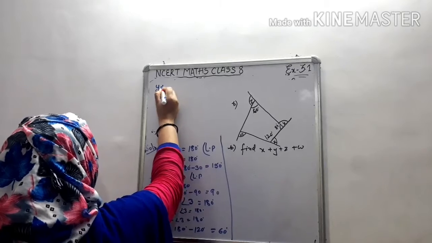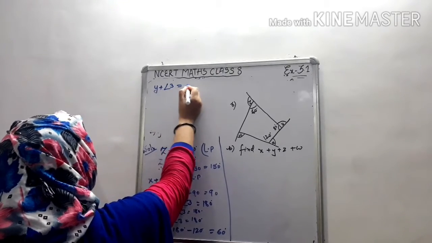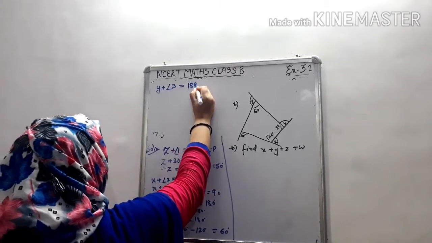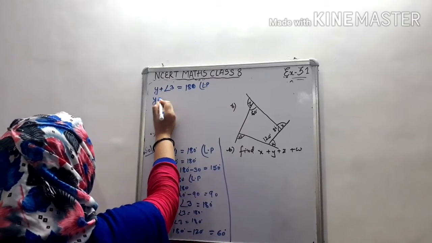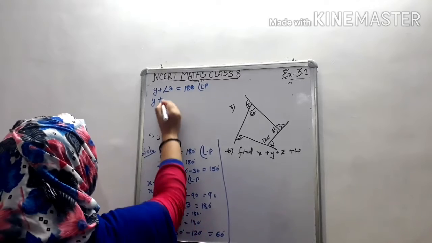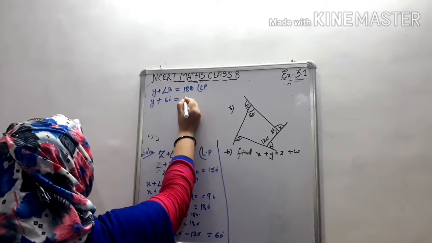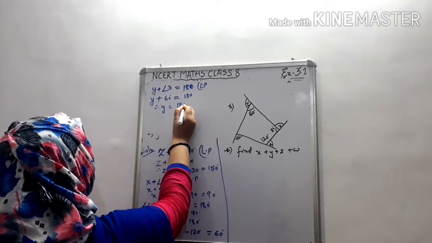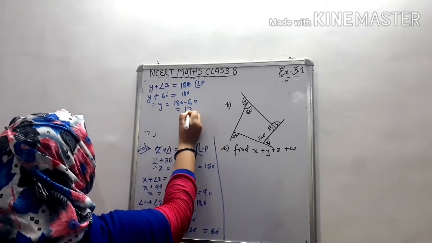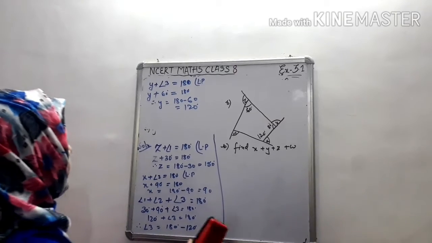Angle y plus angle 3 is equal to 180 degree, because they are also forming a linear pair. So y is equal to 180 degree minus 60 degree is equal to 120 degree. So the value of y is 120 degree.